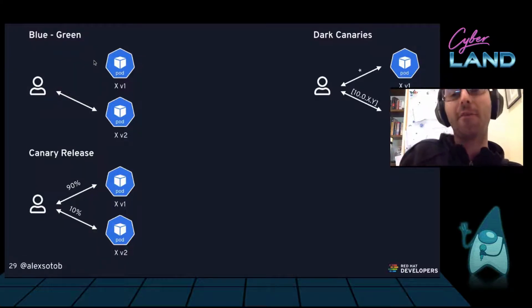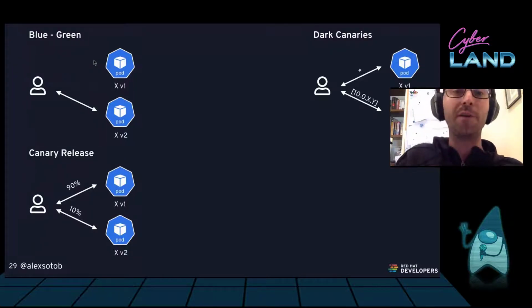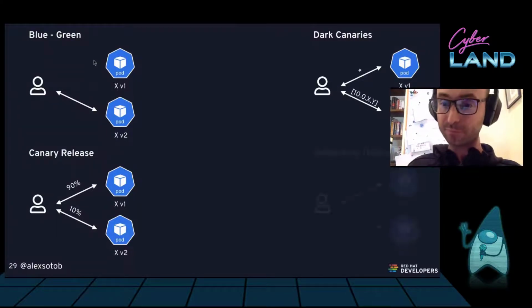Or it could be the browser. If it's a Firefox, I send it to this version. If it's a Chrome, it goes to this other version. Or if it comes from a laptop, it goes to this version. If it comes from a phone, then it goes to this other version, and so on. So you can start doing all this kind of dark canaries stuff thanks to a service mesh.